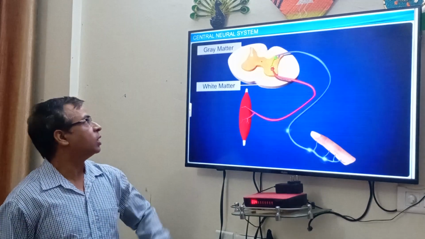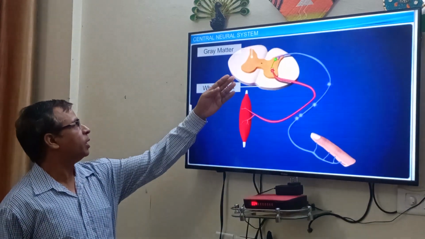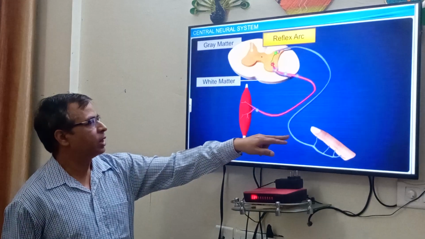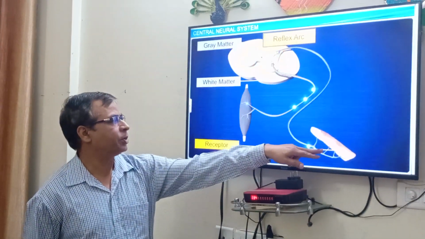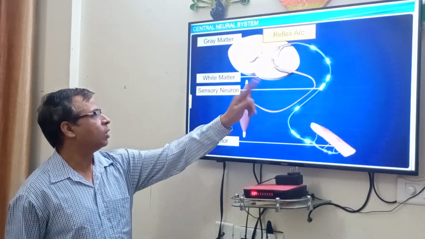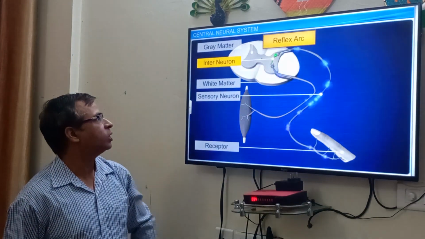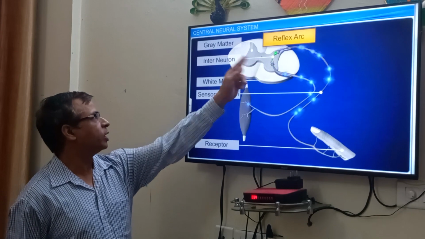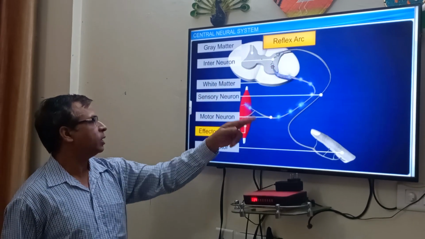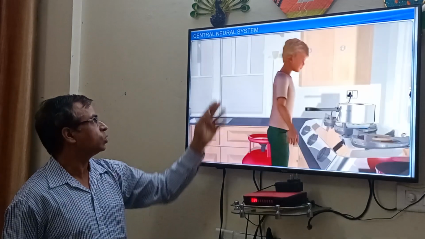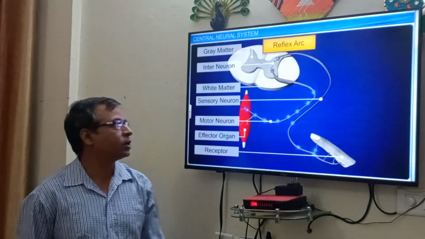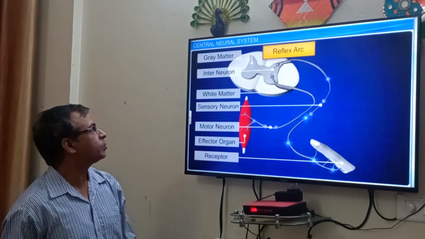In this diagram you can see the gray matter and white matter, and they have a different path. There are mainly three parts: the receptor, the sensory neurons or afferent neurons, then the interneurons or association neurons, and then the motor neurons, and then the effector organs. These parts should be included in the reflex arc.